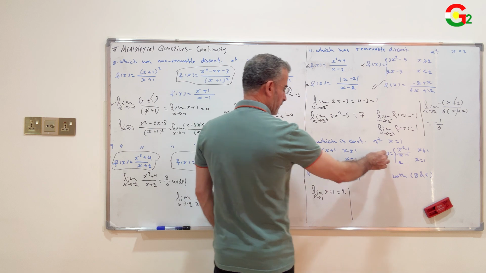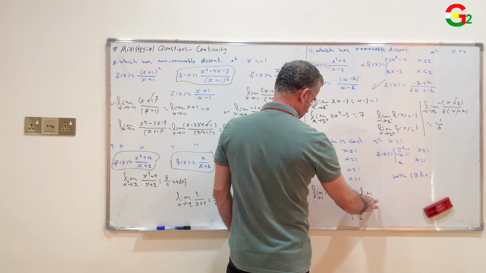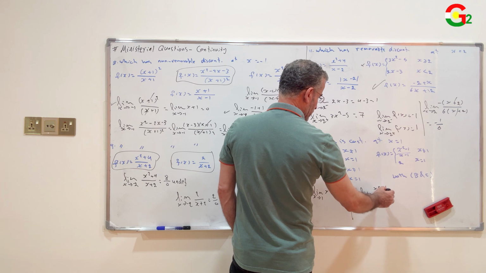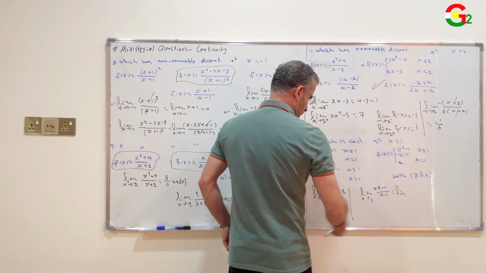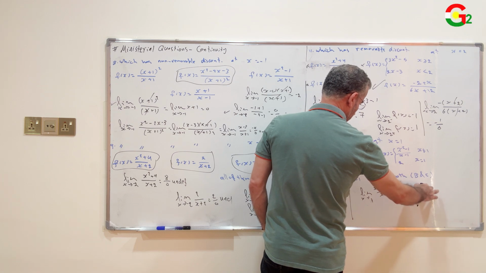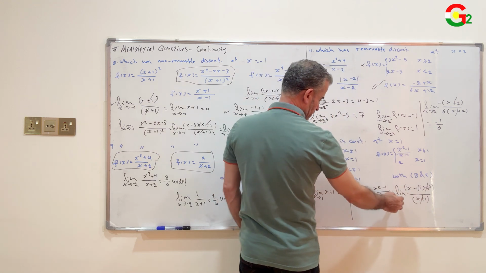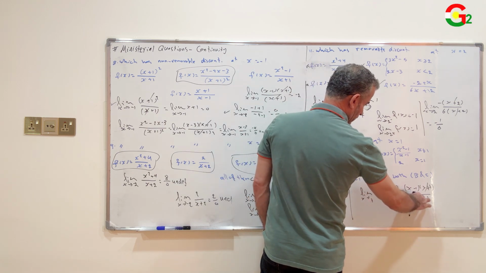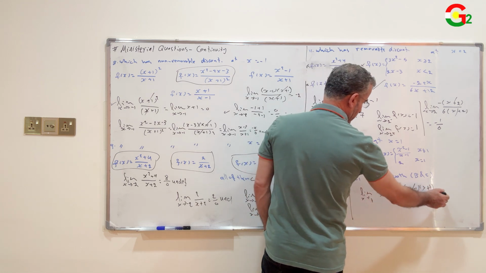For the second function, the limit when x approaches 1, then I substitute in this segment (x^2 - 1)/(x - 1). Factor the difference of squares: (x - 1)(x + 1) over (x - 1), reduce x - 1 with x - 1, substitute every x with 1, the answer is 2.